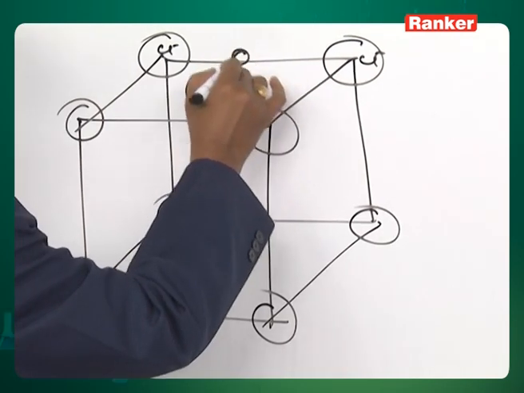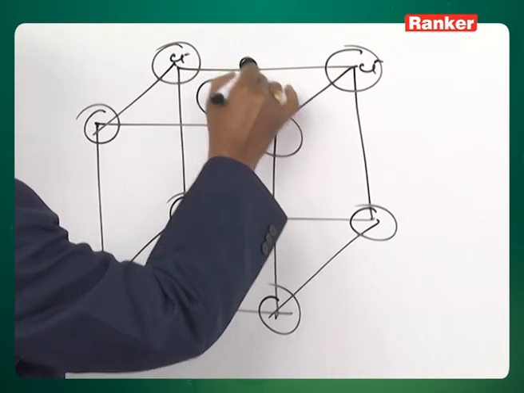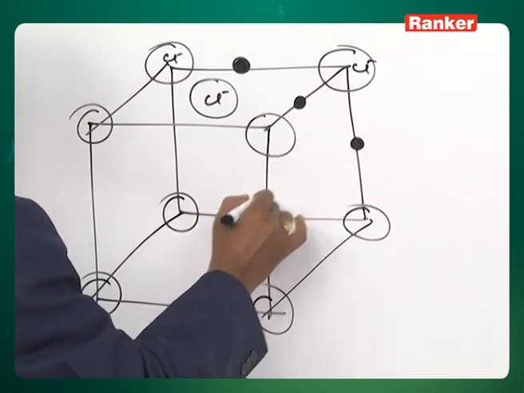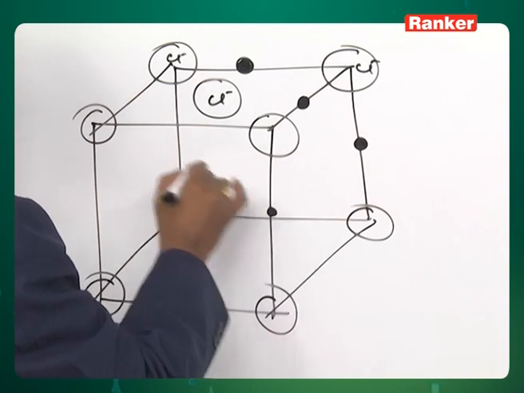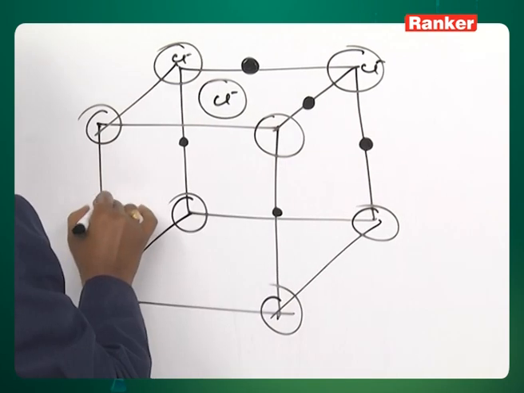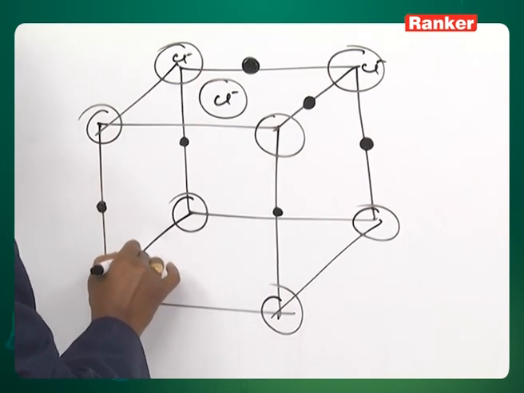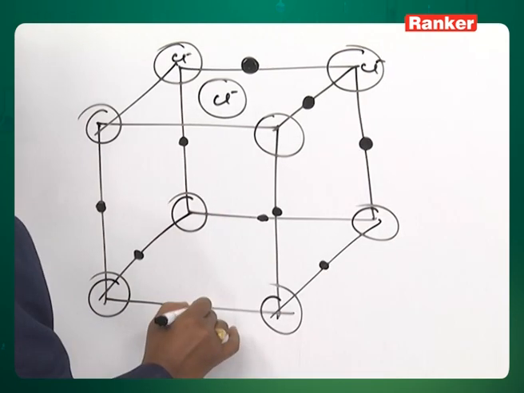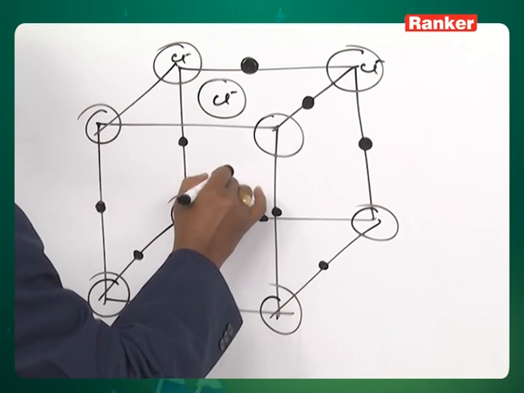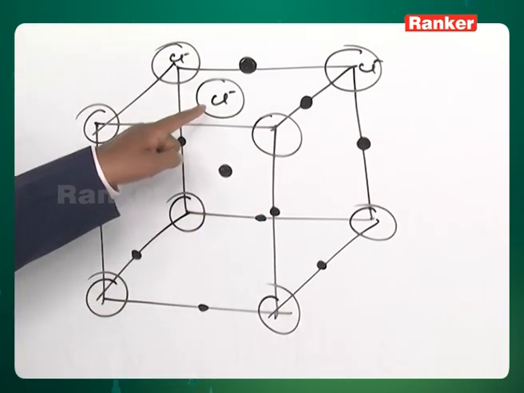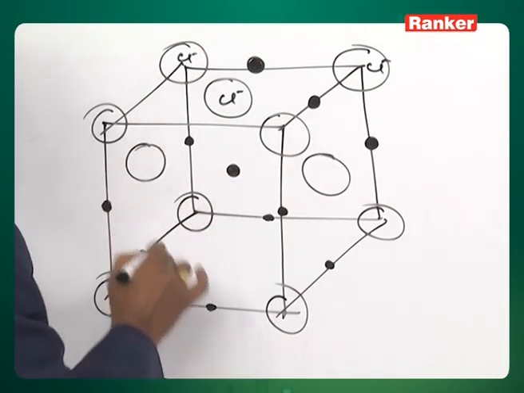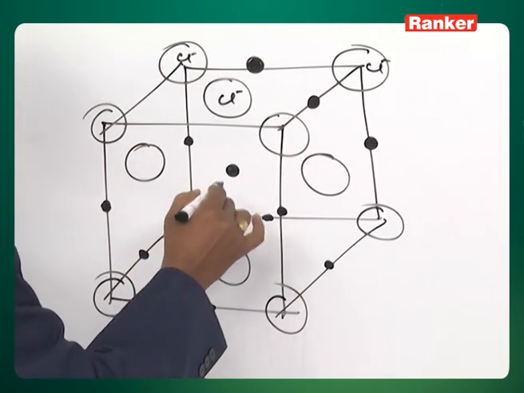Sodium ions are at edge centers, these are all sodium ions, and one sodium ion is at the body center. Like this, face center chloride ions, of course, all I am not drawing here, but in every face center there will be a chloride ion like this.